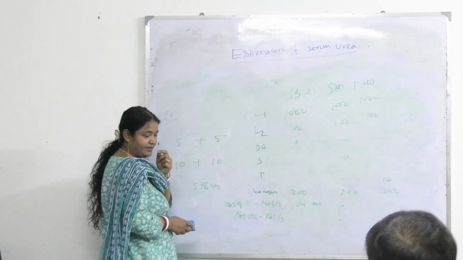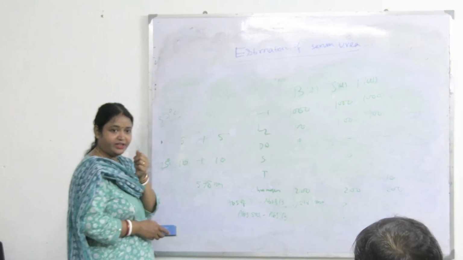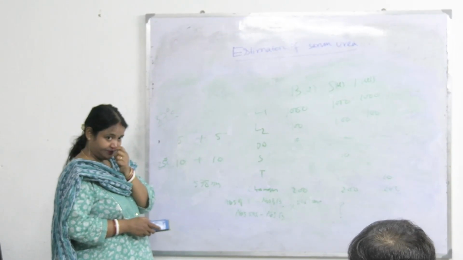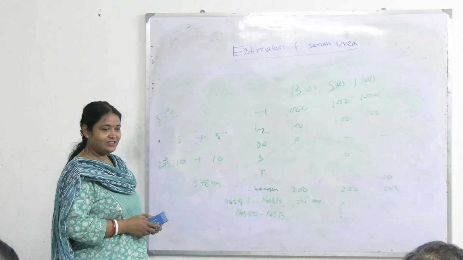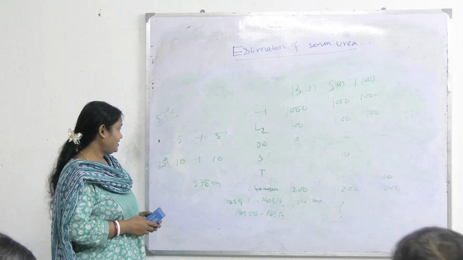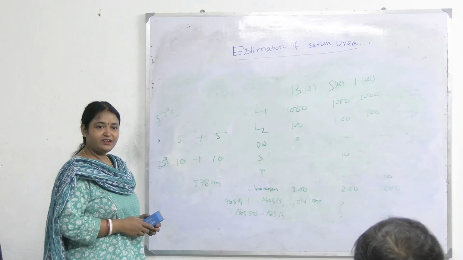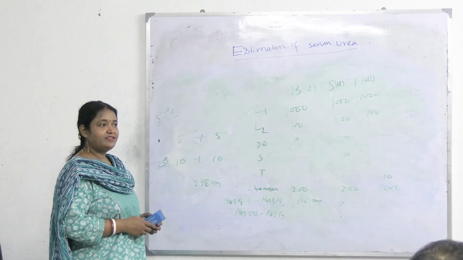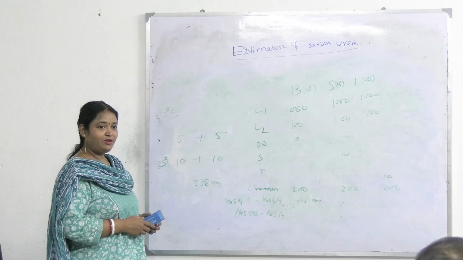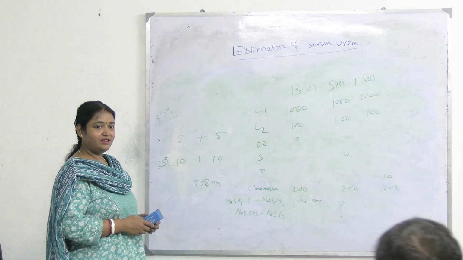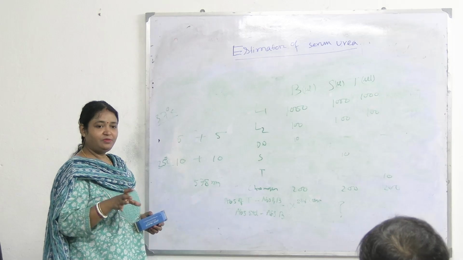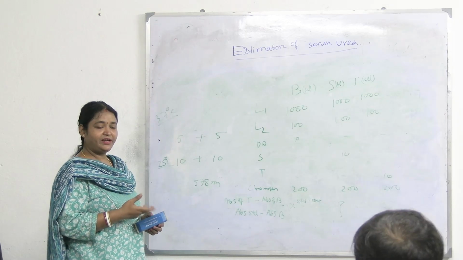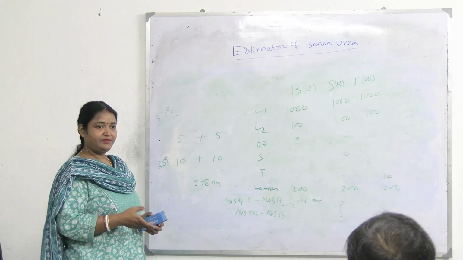Actually, filter 570, and you can take up to 578 also. It's a yellow filter, and there is a range in nanometers, so the range will be more, but 570 comes better, or you can take 578.